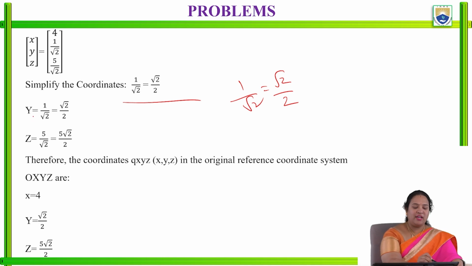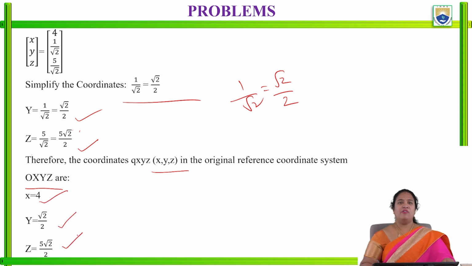So with respect to y and z, root 2 by 2 is for y, and for z it is 5 root 2 by 2. The same for x, y, z: x is equal to 4, y is equal to root 2 by 2 and z is equal to 5 root 2 by 2.